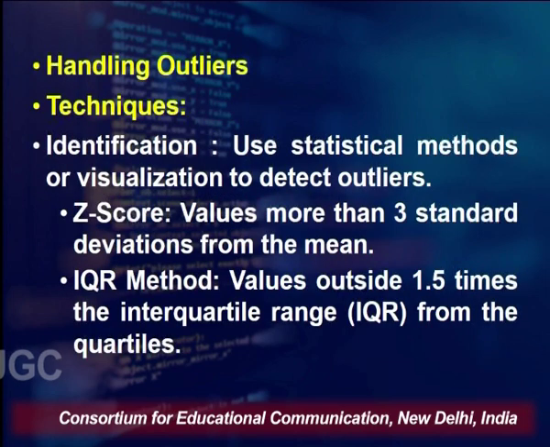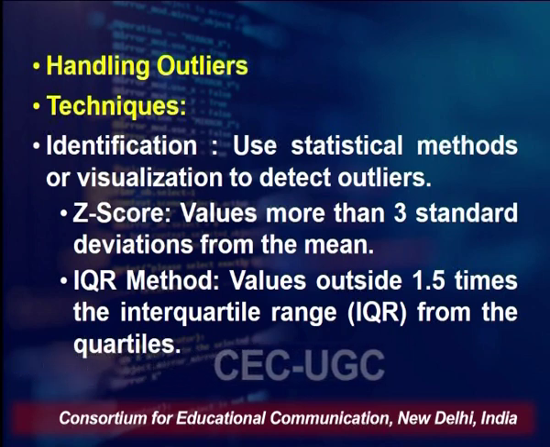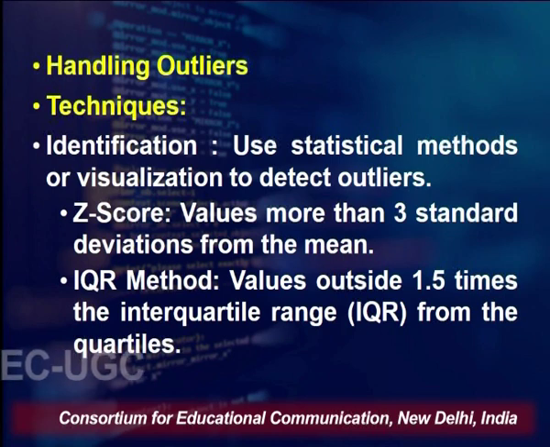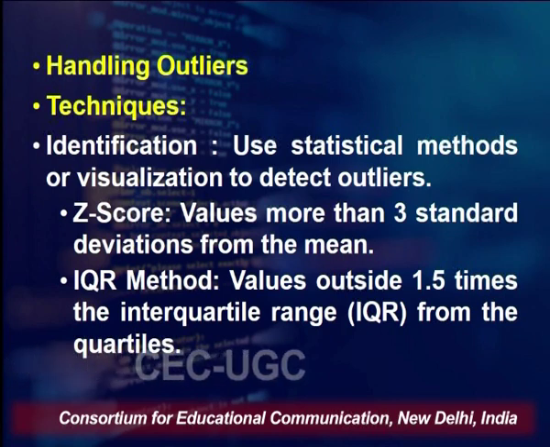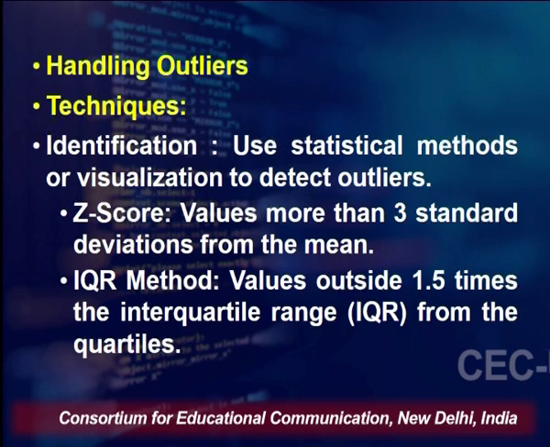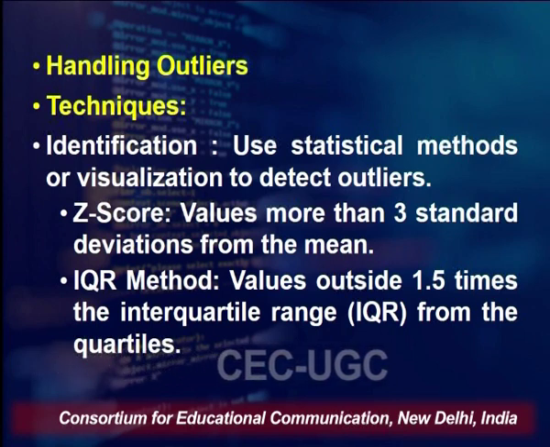Then we can have a problem of outliers. Now, what are outliers? Outliers are any values which are outside the normal distribution of the sample values that we have collected. For example, if all the values are in the range of 0 to 10, then a value of say 100 would be an outlier, or a value of say -10 would be an outlier.